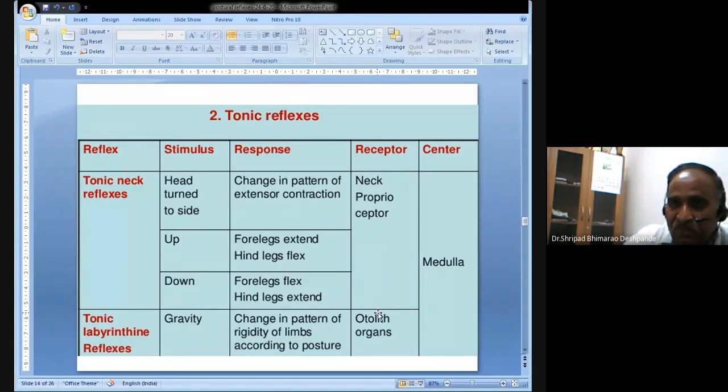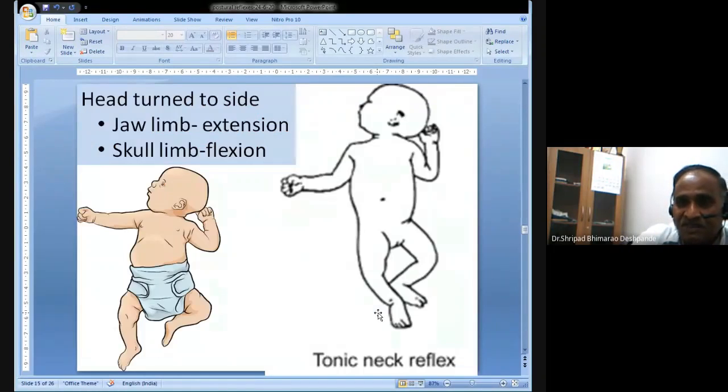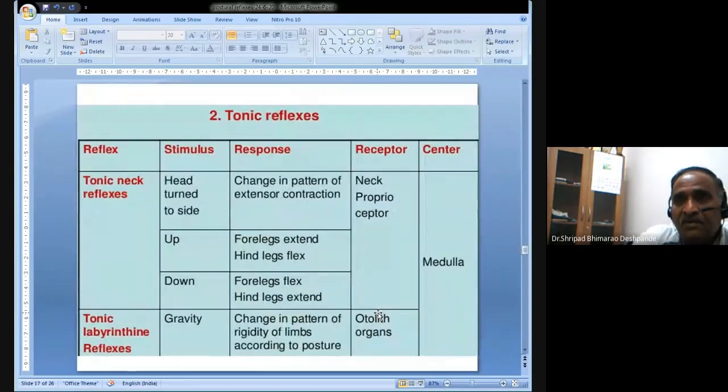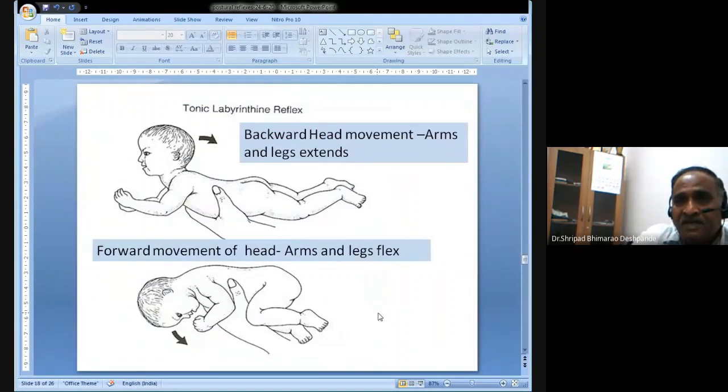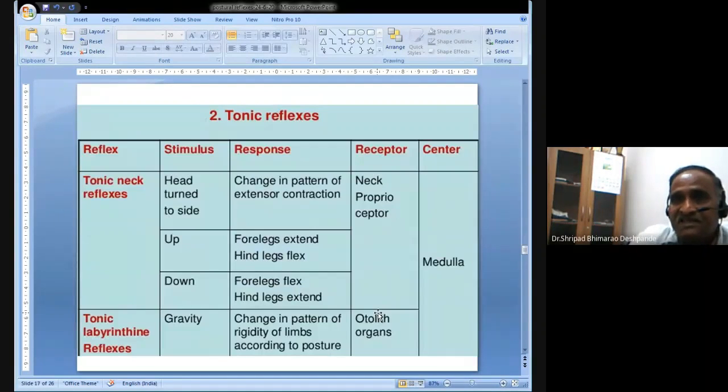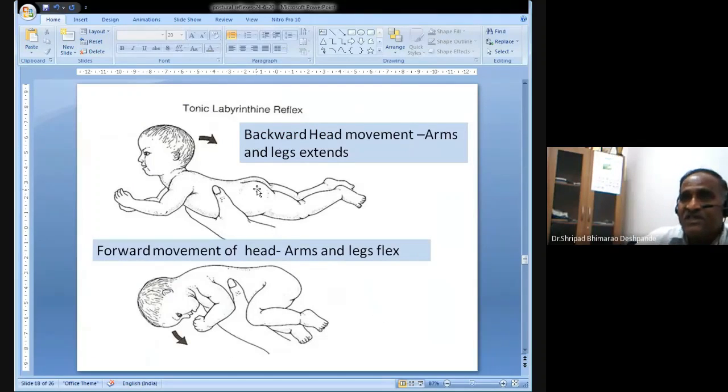Now we will look into the tonic labyrinthine reflex. You just see this is a tonic labyrinthine reflex. In this case you see the backward movement of the head. The arms get extended, and even the legs extend.